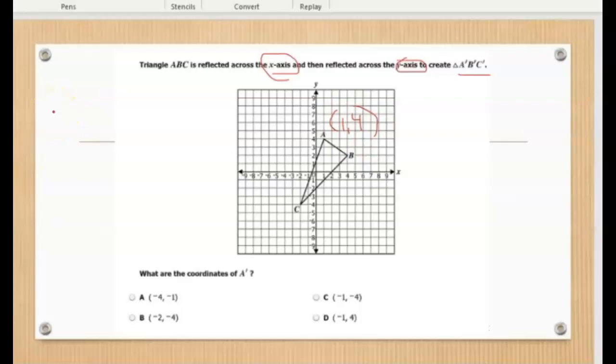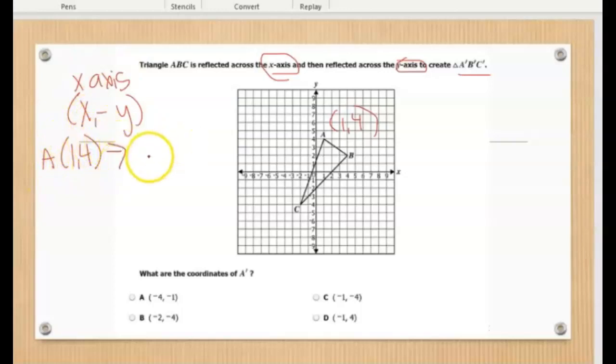Now again, if you're visual, you can do this, but I'm going to use the rules. So we talked about the rule for a reflection across the x. Remember, that is x, negative y. So first, I'm going to take coordinate point A, and I'm going to make the y negative. So that's our first transformation, the x-axis, done.